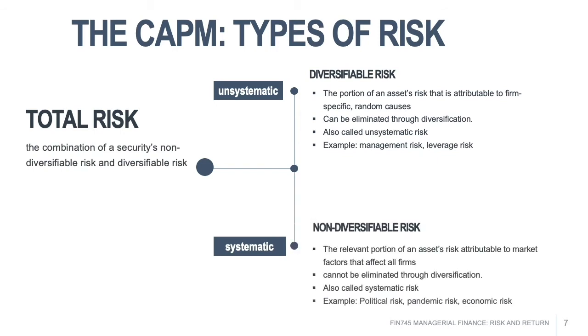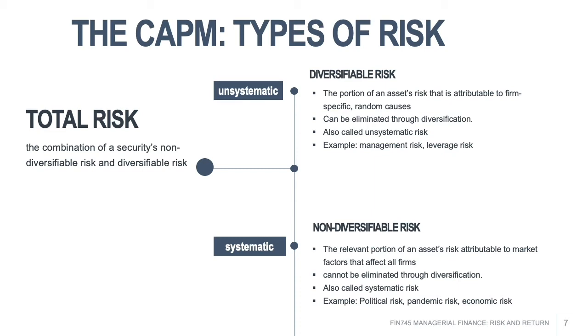So under the CAPM, risk can be classified into two types, which are diversifiable risk and non-diversifiable risk. What is diversifiable risk? Diversifiable risk is the portion of an asset's risk that is attributable to firm-specific random causes. So it can be eliminated through diversification.